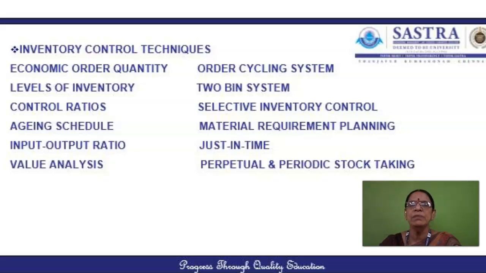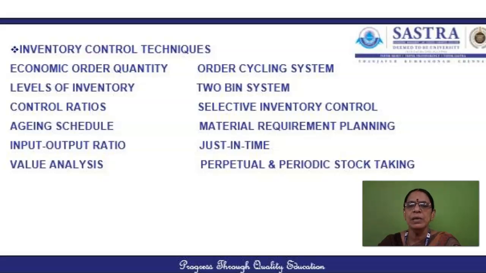So the minimum level and maximum level can be illustrated with this diagram. We have zero level at the last, then we have a danger level, and then we have a minimum level. Maximum level is said to be at the top. Average level is minimum plus half of reordering quantity.